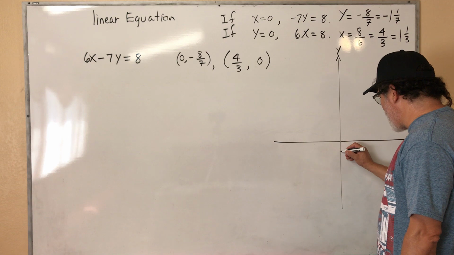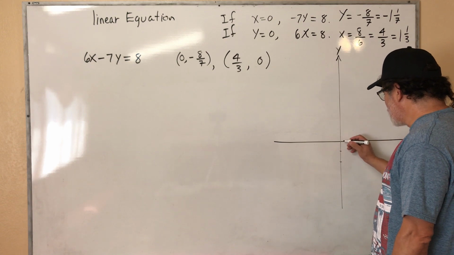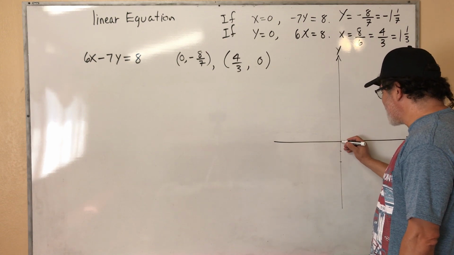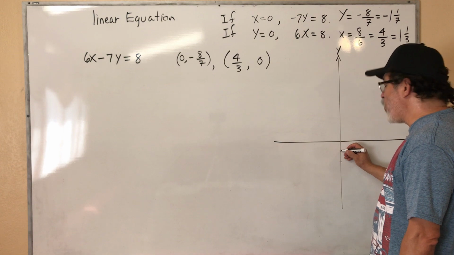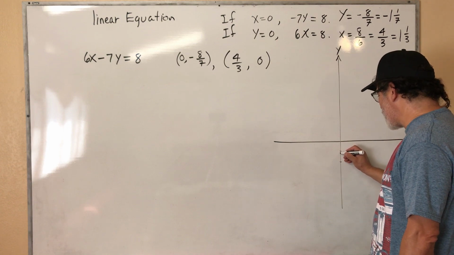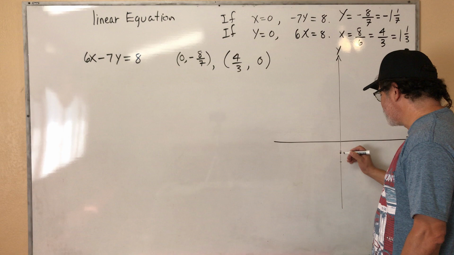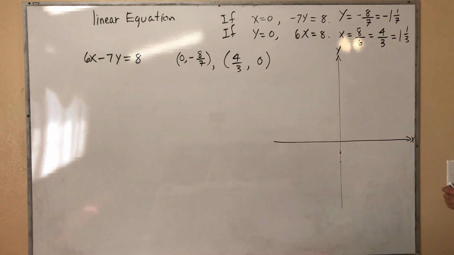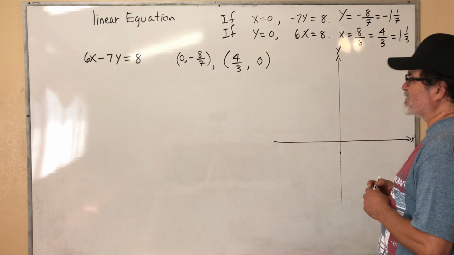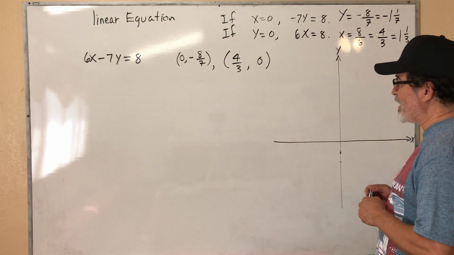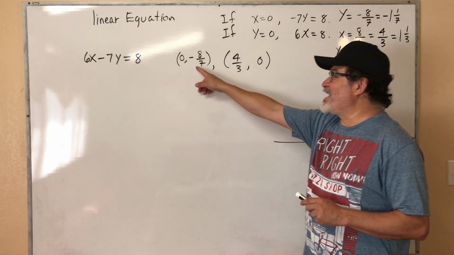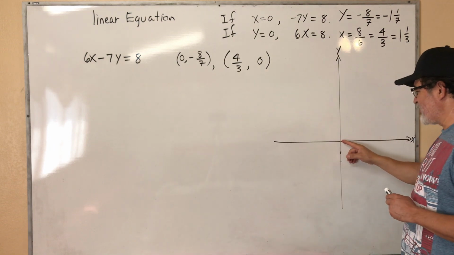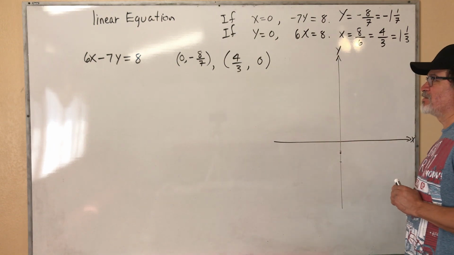That's negative 1, negative 2. So if x is 0, y is negative 1 and 1/7. I'm going to say right around there. That's the first point.